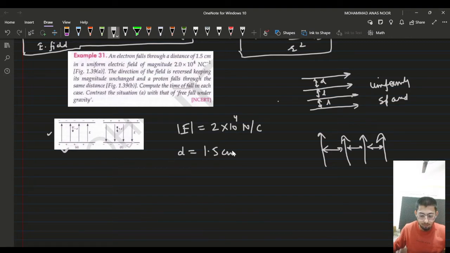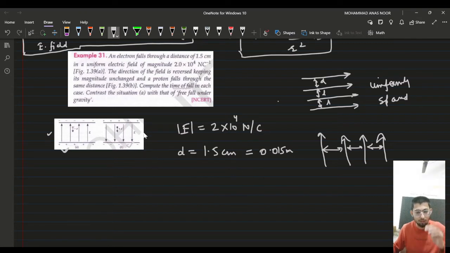First of all, let us convert it into meters. 1.5 centimeters divided by 100, right? So it would be 0.015 meters, correct? So this would be this much.